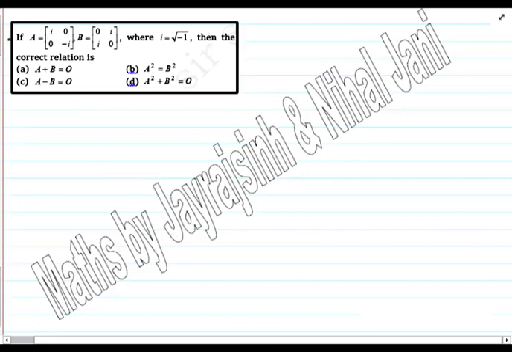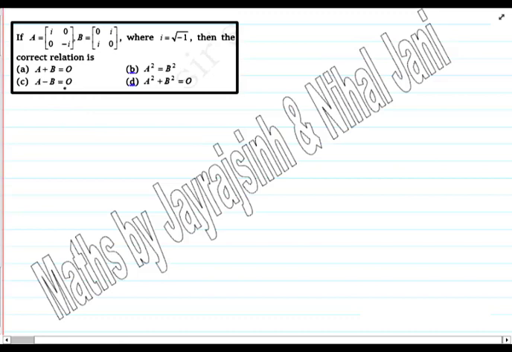Now the next question, in which two matrices are given and both have the complex number i, right? And we already know that i is actually the square root of minus 1, right? So we have to find the correct relation from the options.